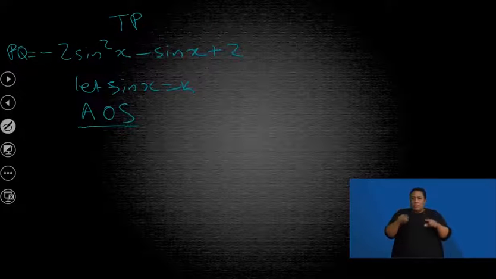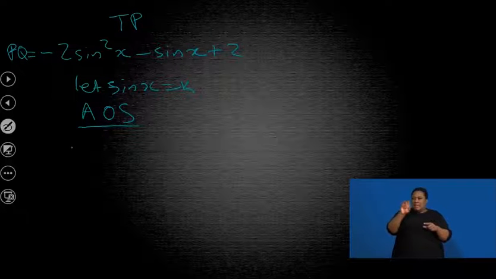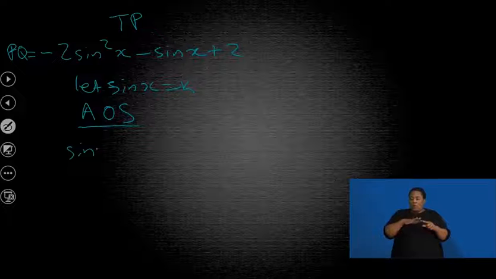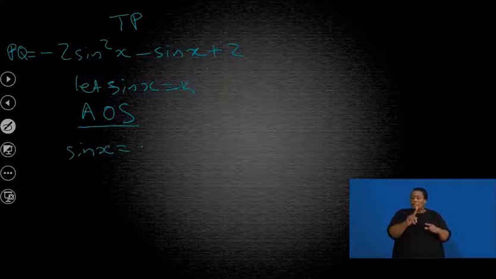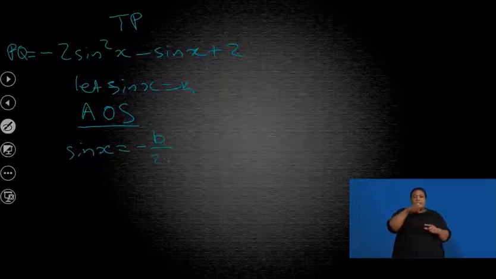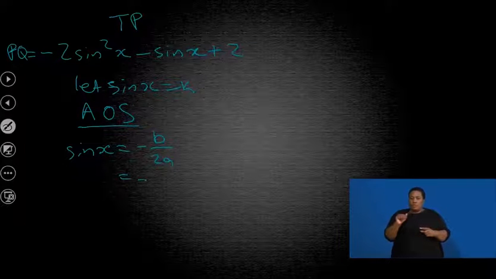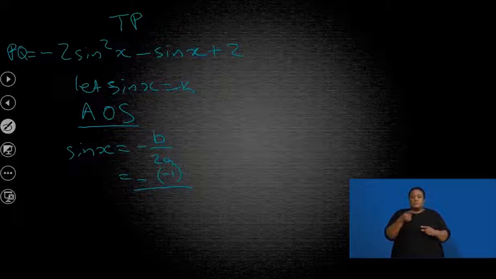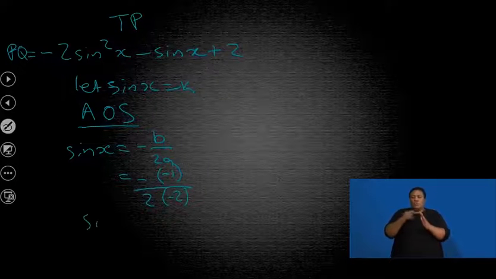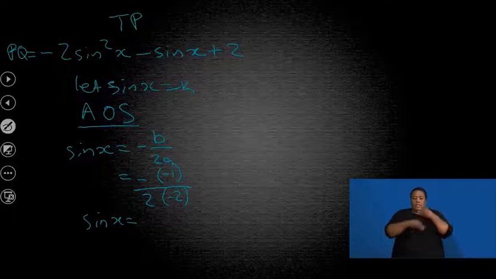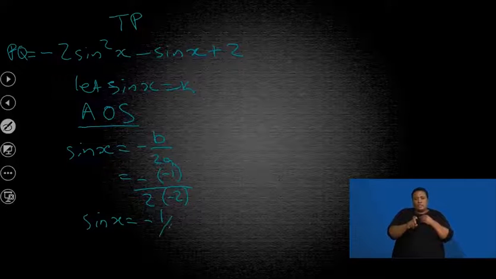Axis of symmetry, remember, it will be sine x is equals to minus b over 2a. And then my b there is a -1, so it's minus into -1. My a is -2, so it's 2 into -2. And I will then be at sine of x is equals to minus 1 over 4.